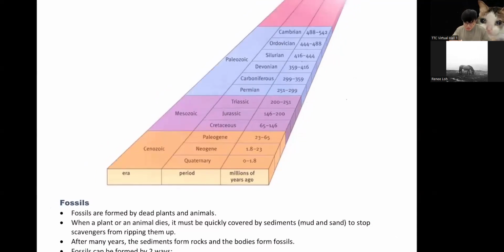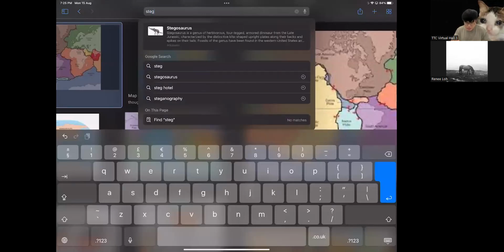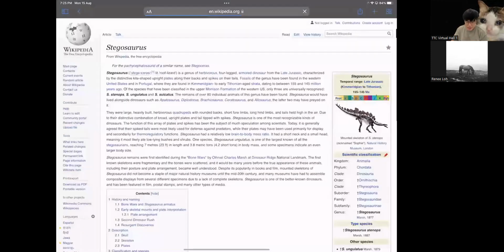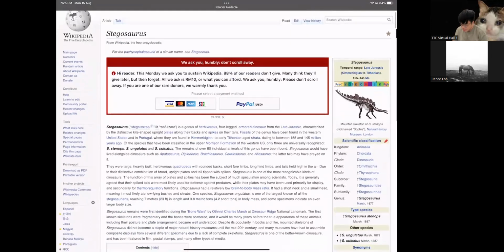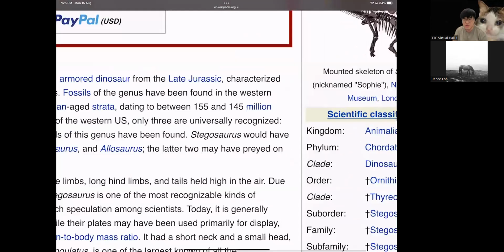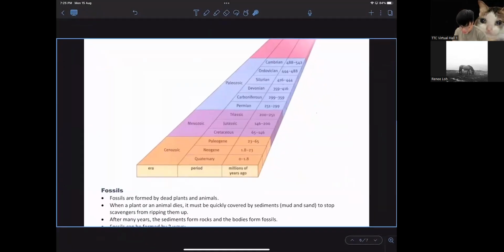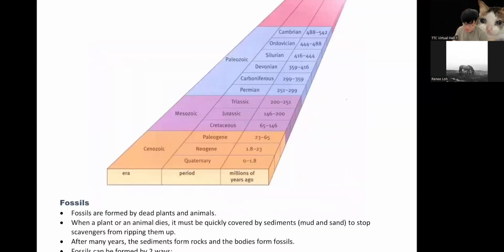For example, Stegosaurus existed around 155 to 145 million years ago. So Stegosaurus, 100 something million years ago, that's around the Jurassic era.